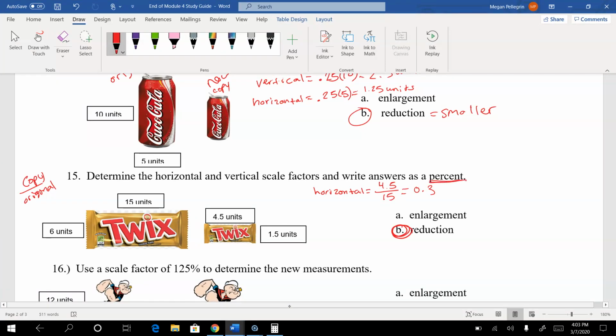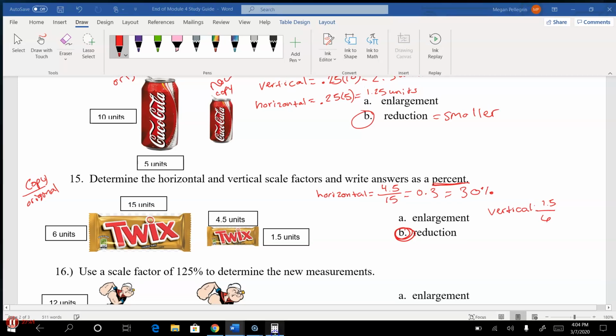And we want it as a percent. It says a decimal, so move that decimal 2 places to the right. Our horizontal is by 30%. And then our vertical, up and down, it's getting smaller, so the smaller number should be at the top. 1.5 over 6.